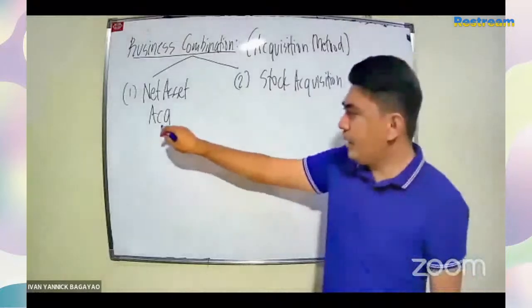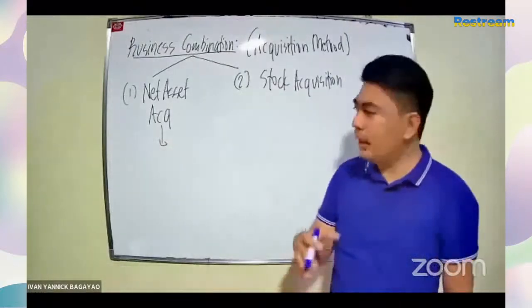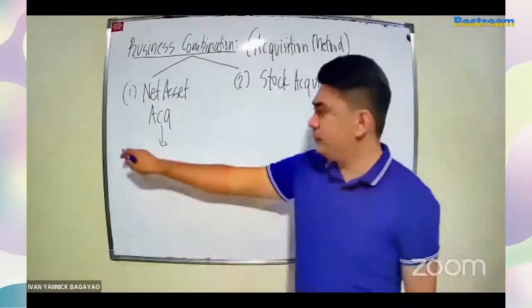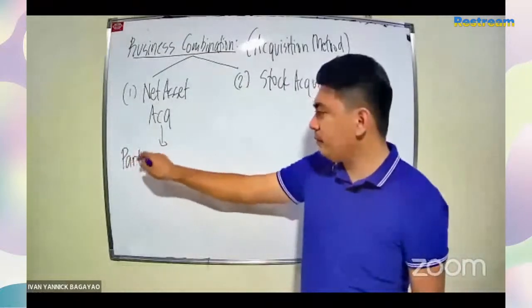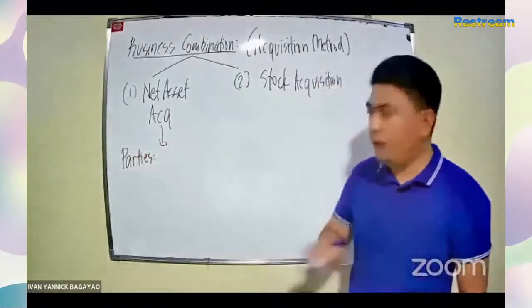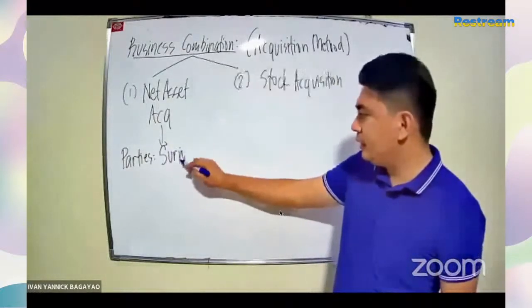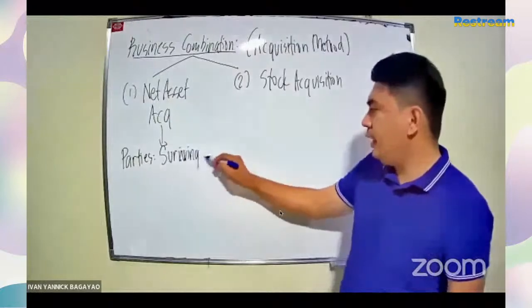So with regard to net asset acquisition, what you need to consider, class, is who the parties involved are. First, we have the surviving, and we have the dissolved.